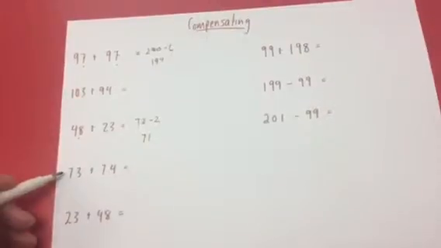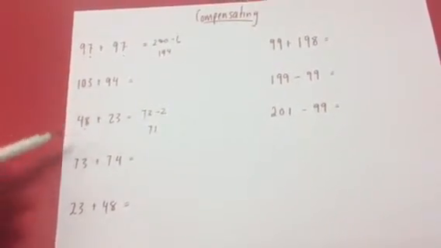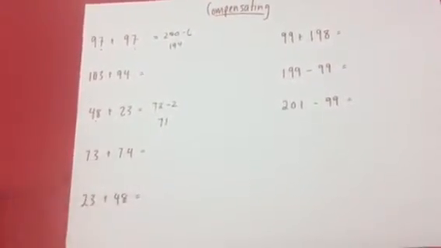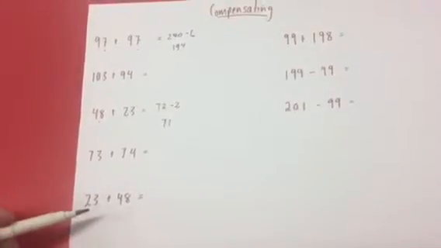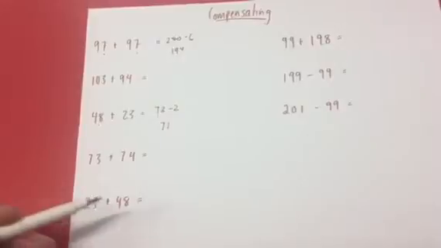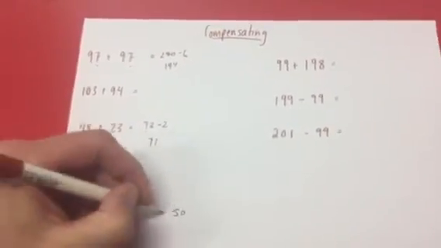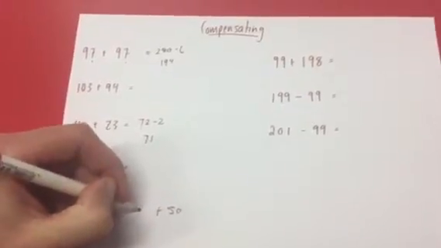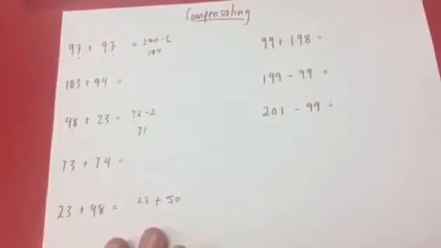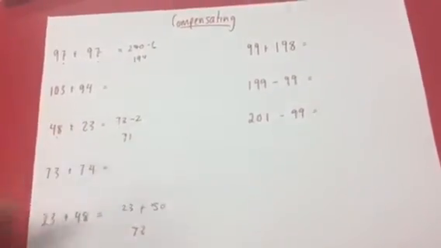Next question. We're going to come back to this one because like this one, I would split strategy. Okay, 23 plus 48. I'm going to leave the 23 and I'm going to change the 48 to 50. 23 plus 50 equals 73.